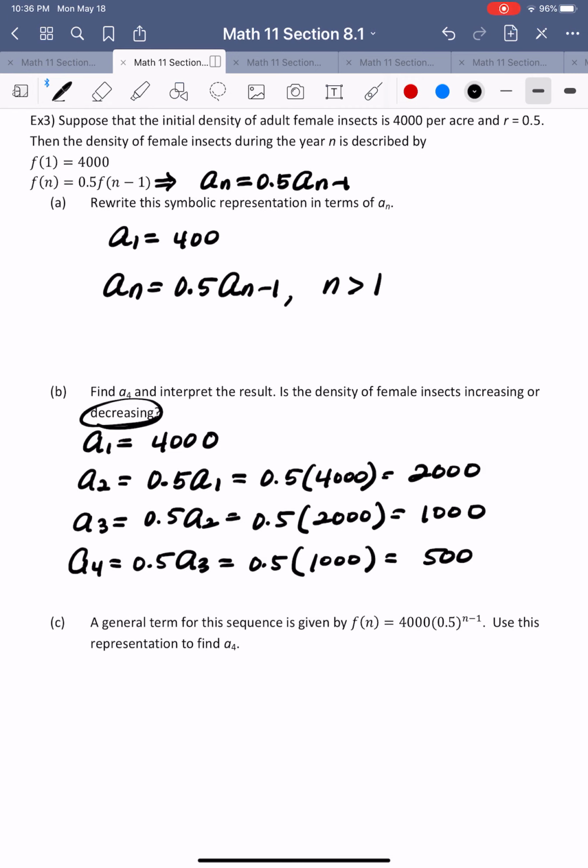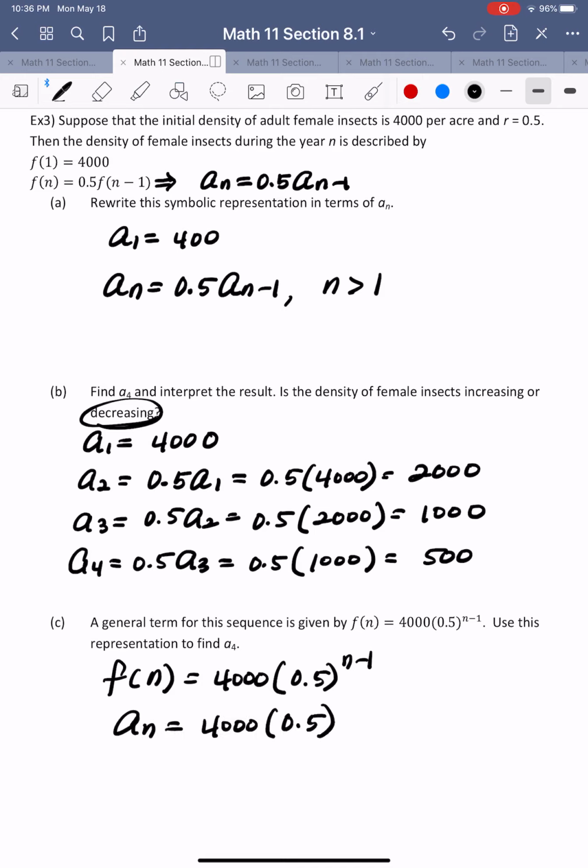For the general term of the sequence, you can find f of n equal to 4,000 times 0.5 to the n minus 1 power. Use this representation to find a sub 4. So f of n equals 4,000 times 0.5 to the n minus 1 power, same as a sub n is 4,000 times 0.5 to the n minus 1 power, right?